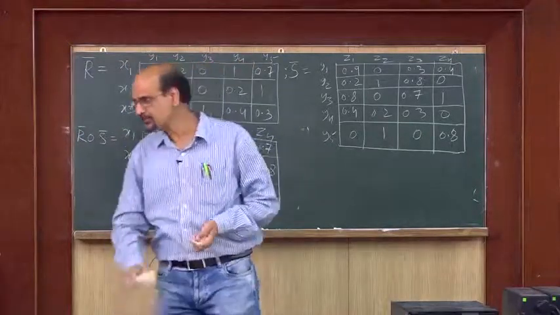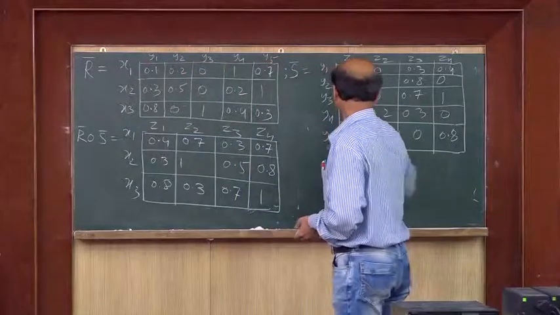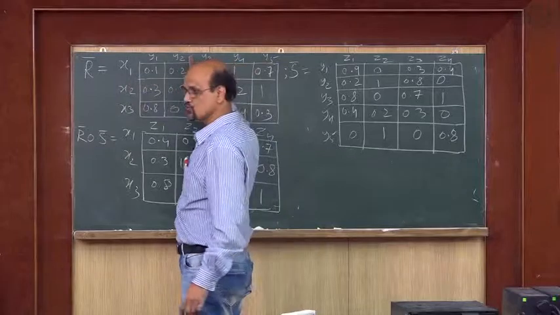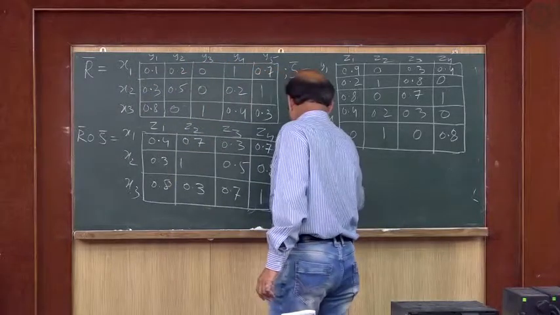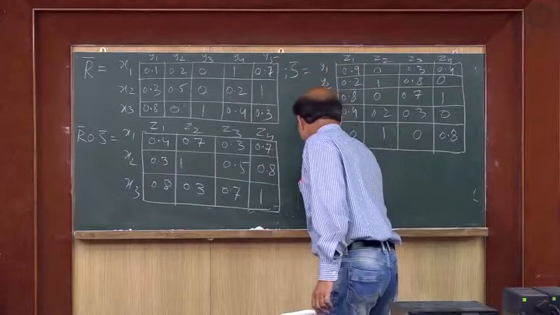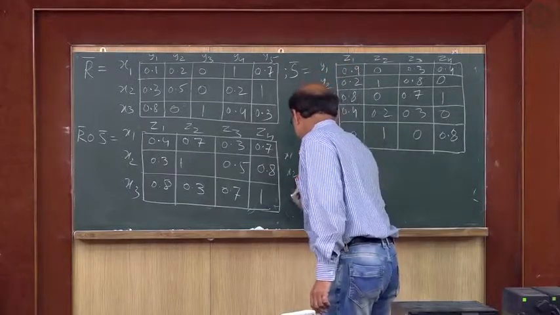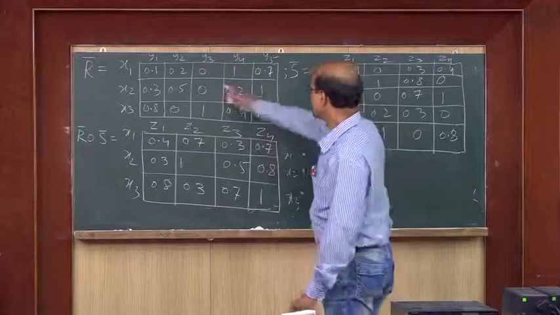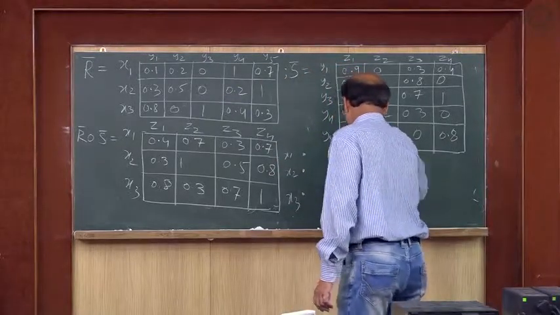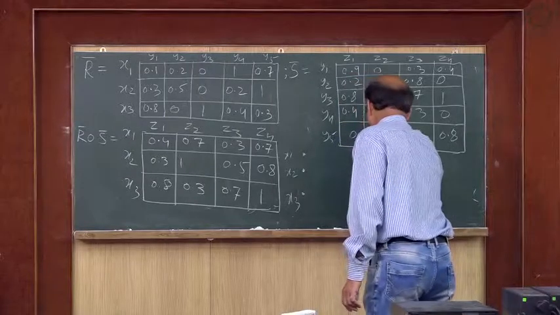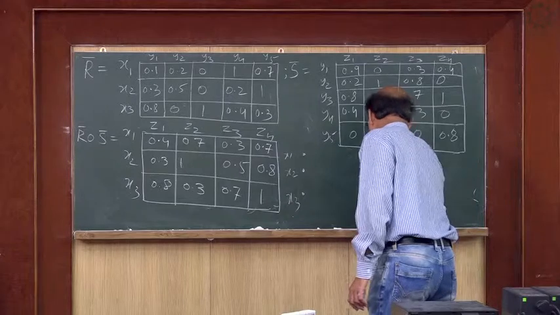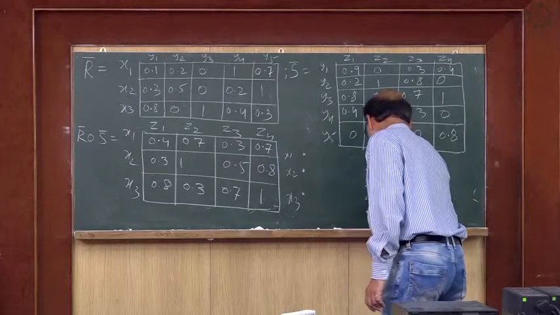Okay? Now, actually what is happening? See, I have the relation matrix from X to Y. So if I draw the diagram, I have x1, x2, x3, and y values y1, y2, y3, y4 and y5.